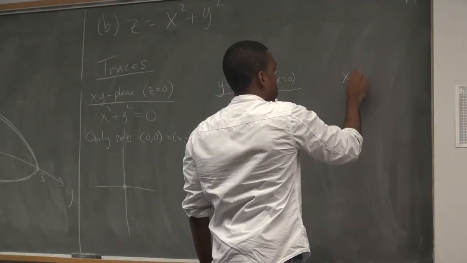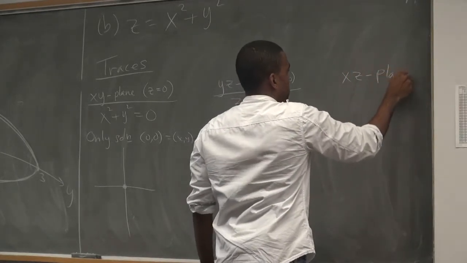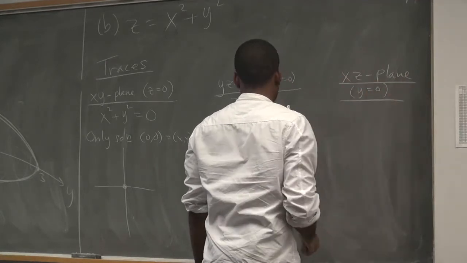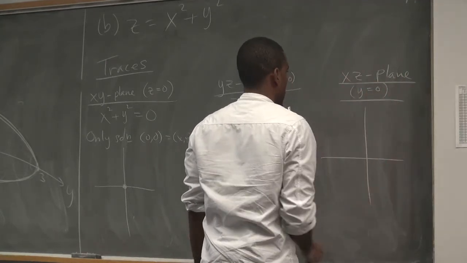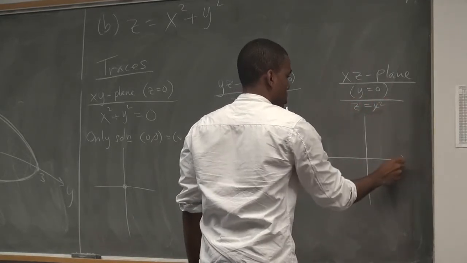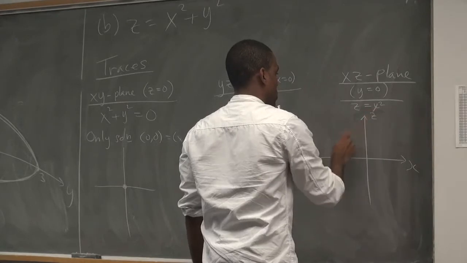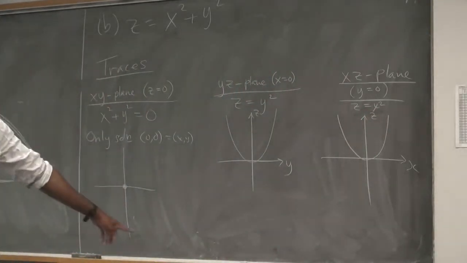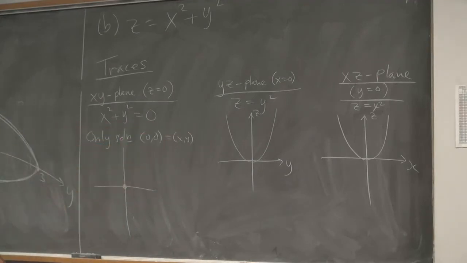Now I'm in the xz plane. And it's the same thing, opens up on the z-axis. So it touches a point and it opens in 2 parabolas up towards the z.